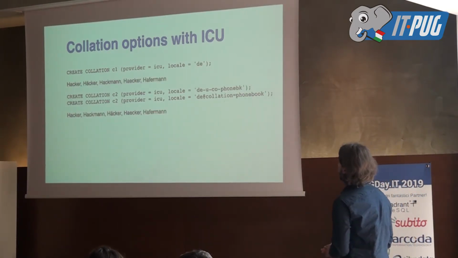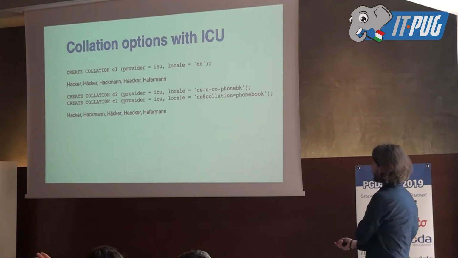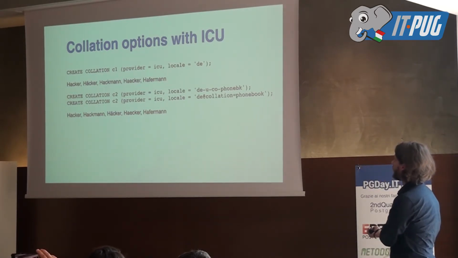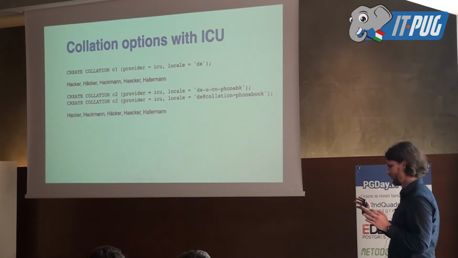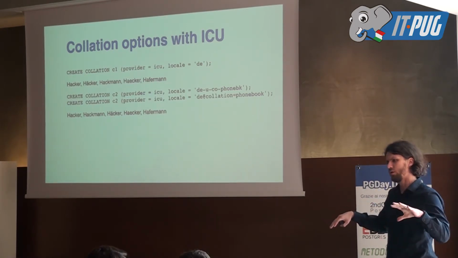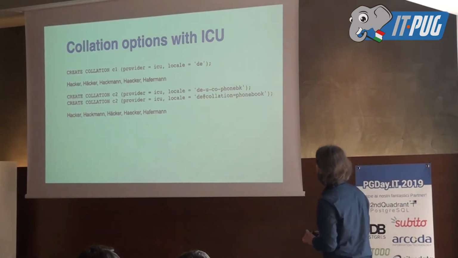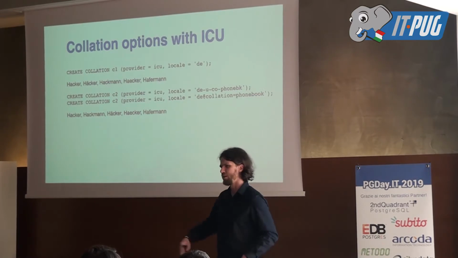So here's an example from a typical case from Germany, or German rather. There's something called a standard sort order in German, and then there's a phone book sort order, which, if you're too young to know what a phone book is, it's like when you print out the internet and then throw it away.